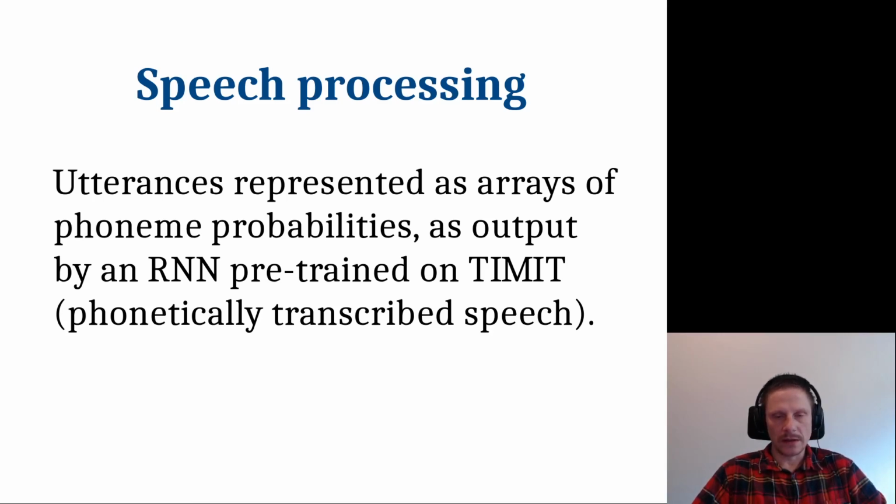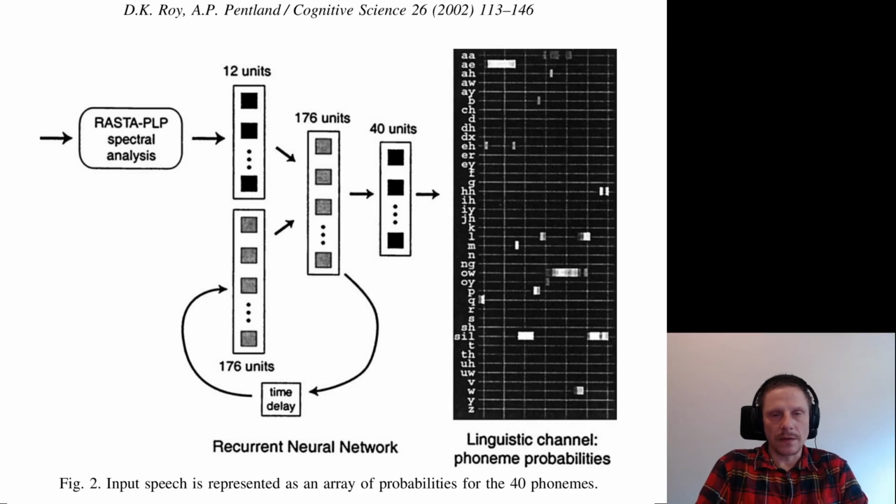In reality, this CELL model does not work with the speech signal, but rather with phonetic symbols with associated probabilities. This is the recurrent neural network that they use for creating this phonetic representation. You can see it's a pretty small network by current standards, but according to what they said, that was sufficient to give them the representation that they needed.